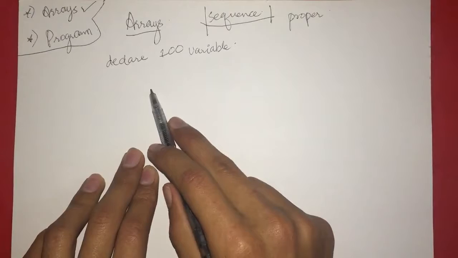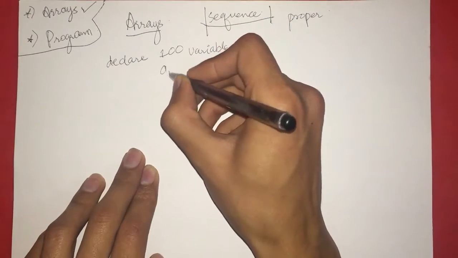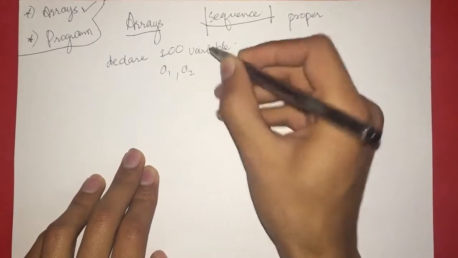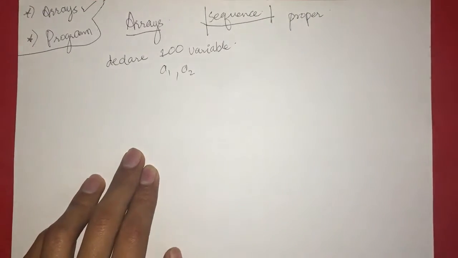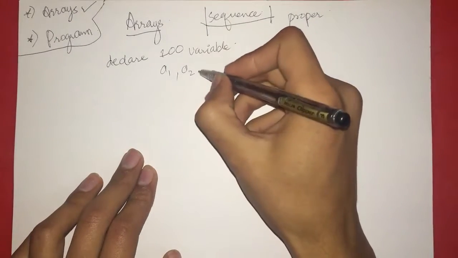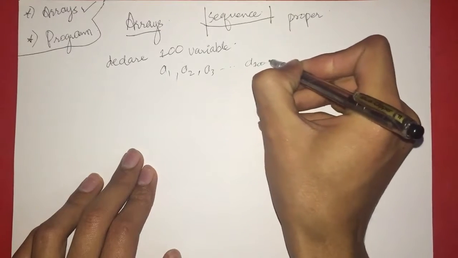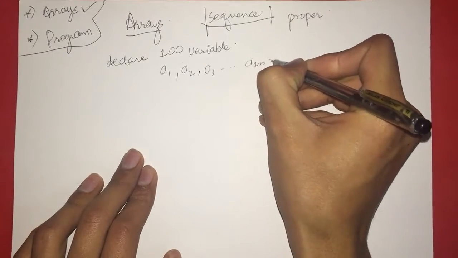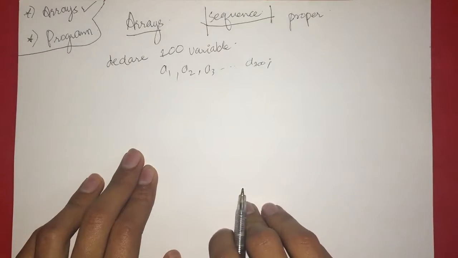For example, the variables are a1, a2, and if you are prompting the user to input 100 different variables, you have to declare 100 variables: a1, a2, a3 up to a100. It's going to be quite a lengthy process to declare these 100 variables separately.